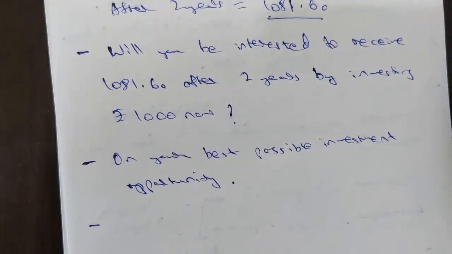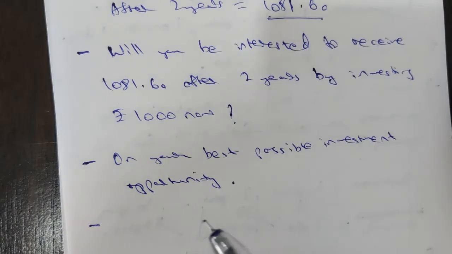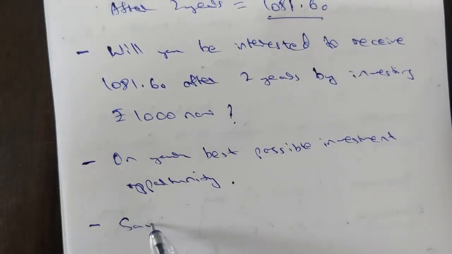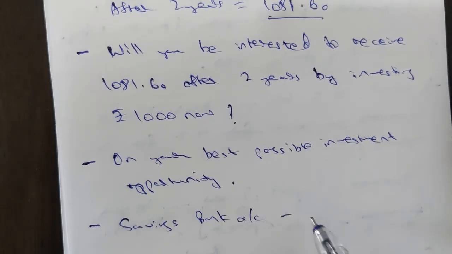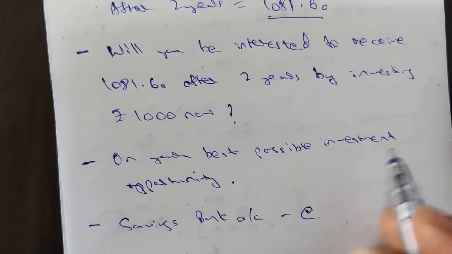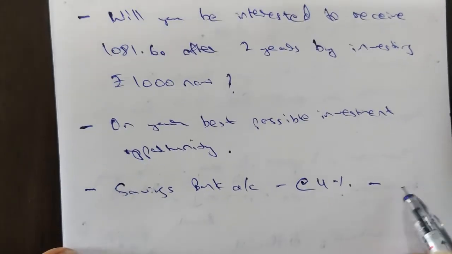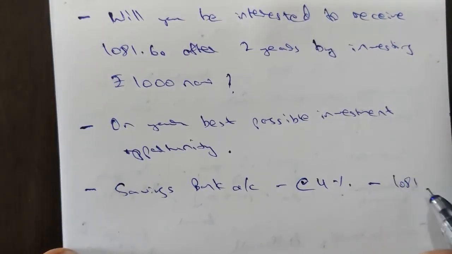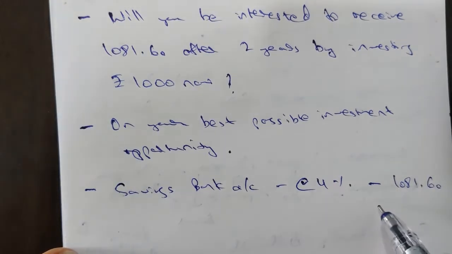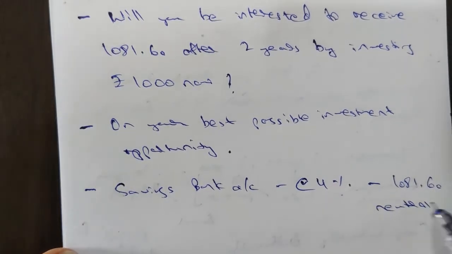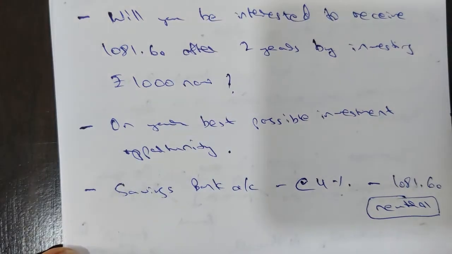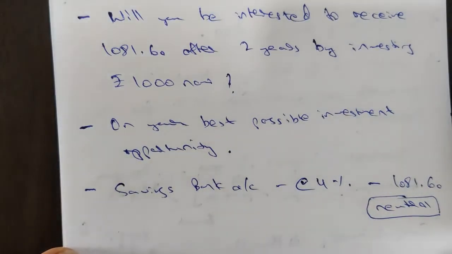Now if I tell you, the best possible investment opportunity for me is that I can invest it only in a savings bank account at the rate of say 4%. So this 1081.60 seems okay. I'm neutral towards it. I may also invest, because instead of not earning anything, let's say.